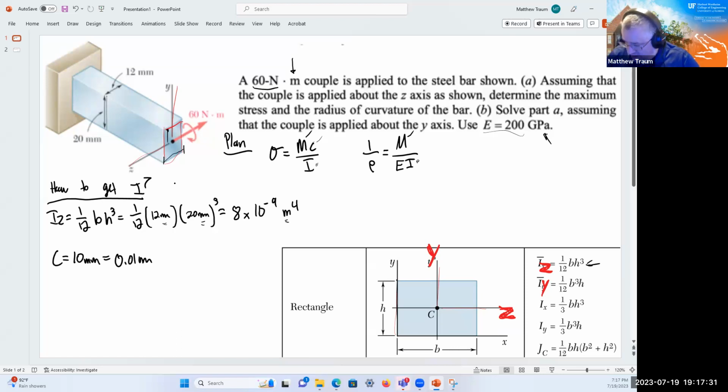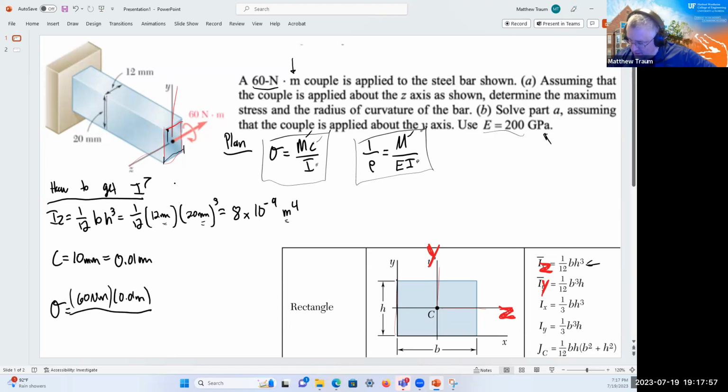And now I've got all the pieces that I need to solve both of these equations for my stress and my radius of curvature. So let's do stress first. My stress is that moment, which is 60 Newton meters, multiplied by my C value, which is 0.01 meters, and then divided by I, which I've just worked out is 8 times 10 to the minus 9 meters to the fourth power.